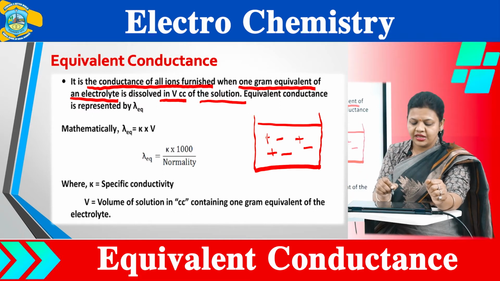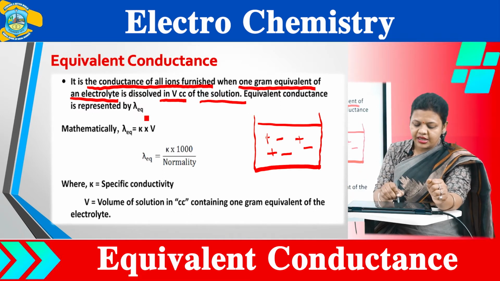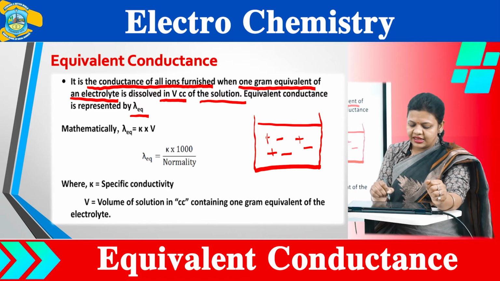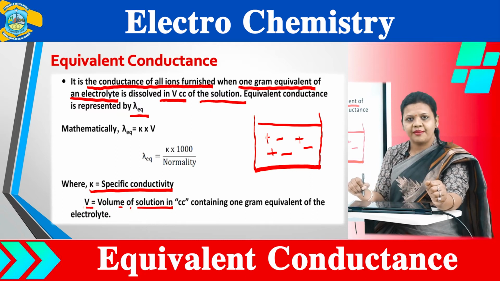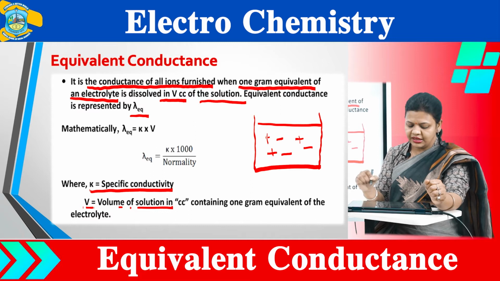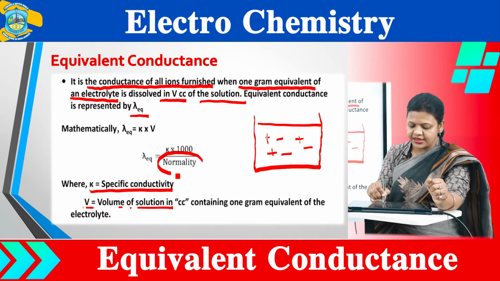It is denoted by lambda subscript equivalent, and it can be mathematically written as K into volume, or K into 1000 upon normality, where K is the specific conductance and V is the volume of the solution when 1 gram equivalent weight is dissolved in 1000 ml of solution. So we are talking in terms of normality.